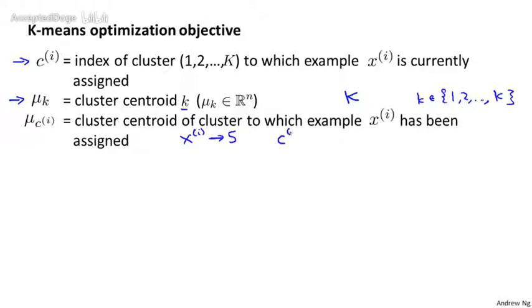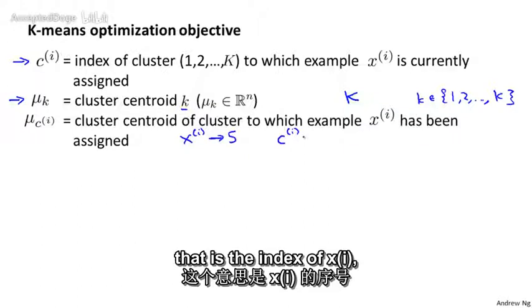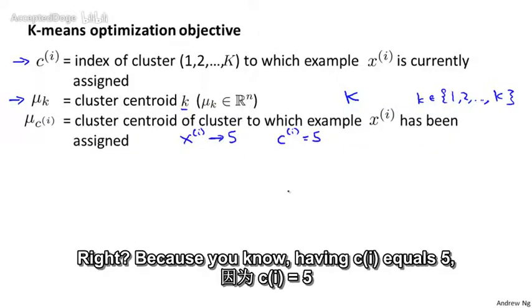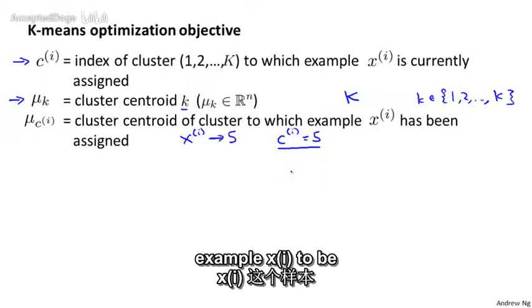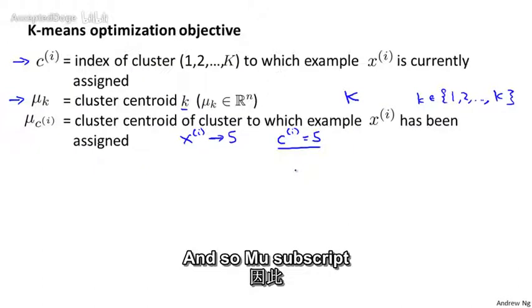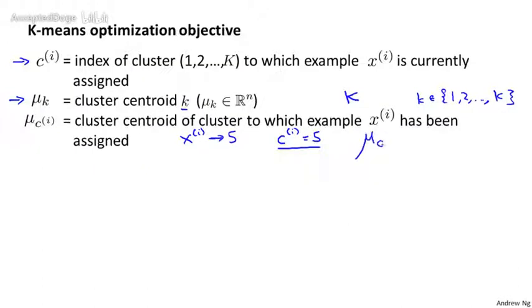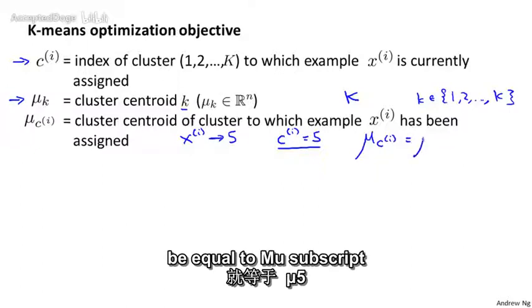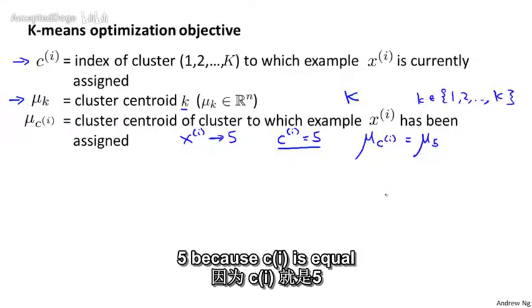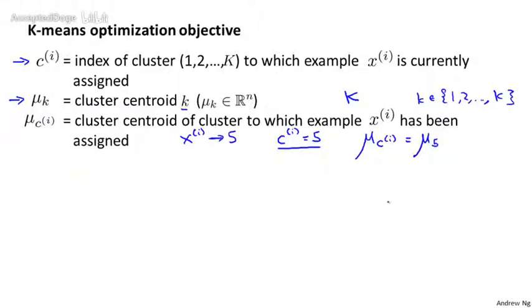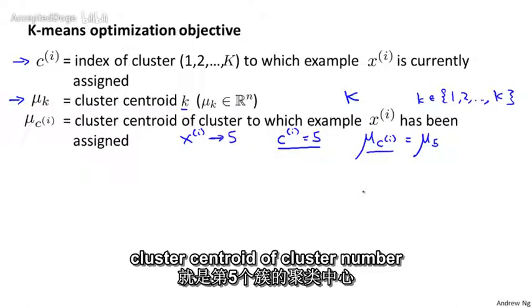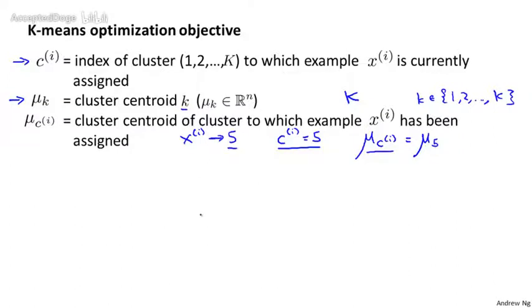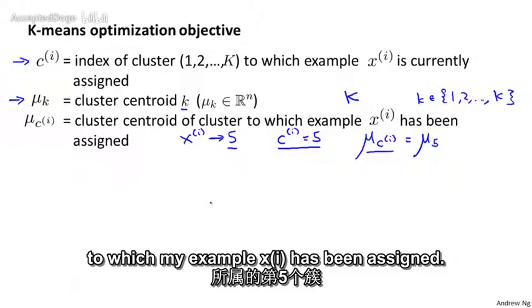What that means is that c^(i), the index of x^(i), is equal to 5, because having c^(i) equal 5 is what it means for the example x^(i) to be assigned to cluster number 5. And so mu subscript c^(i) is going to be equal to mu subscript 5, because c^(i) is equal to 5. So this mu subscript c^(i) is the cluster centroid of cluster number 5, which is the cluster to which my example x^(i) has been assigned.